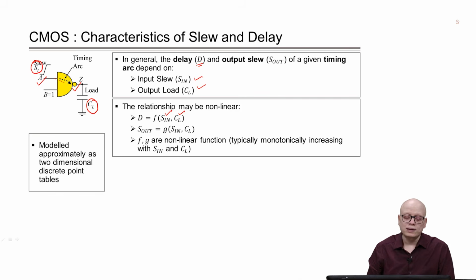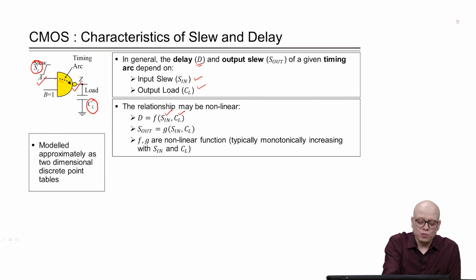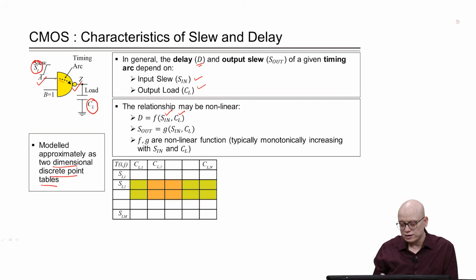We model the delay and the output slew as two-dimensional discrete point tables, like this. We choose a set of capacitive loads, CL1, CL2 and CLn. We have chosen n capacitive loads, and we choose say m input slews, Si1, Si2 and Sim.